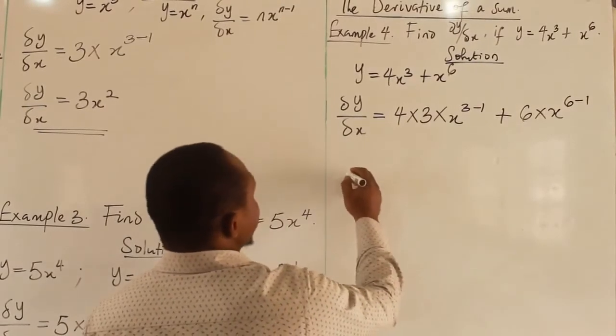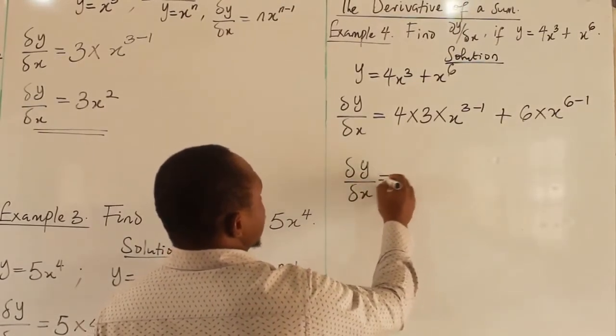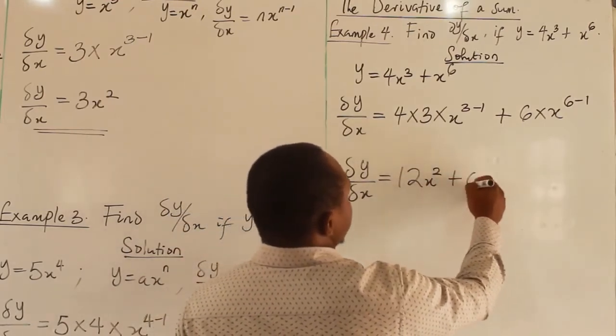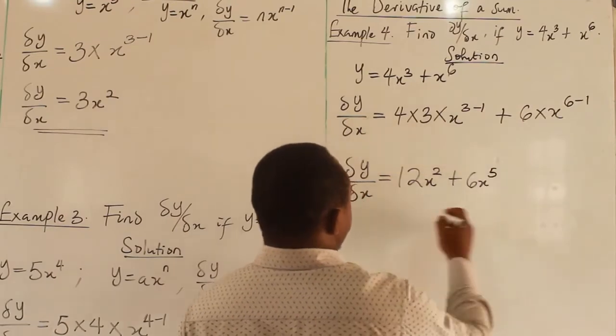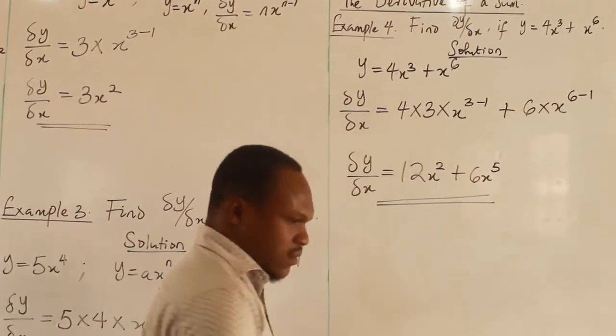So this becomes 12x raised to the power 2 plus 6x raised to the power 5. This is the value of dy over dx.